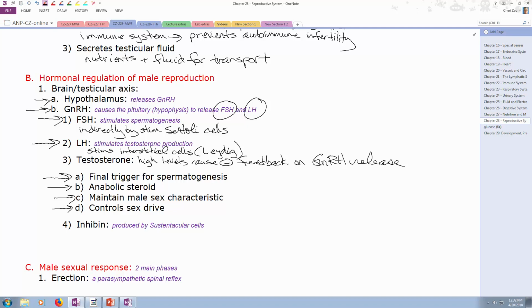Yes? After a while, does the body realize that there aren't many eggs and stops producing the higher level hormones, or does that continue? No, the higher levels continue throughout the remainder of the lifetime. So, if they're trying to figure out if somebody's in menopause, they'll check their FSH and LH levels. Because if the FSH and LH levels are high and they're not having any menstruation or anything along that line, that means it's menopause.